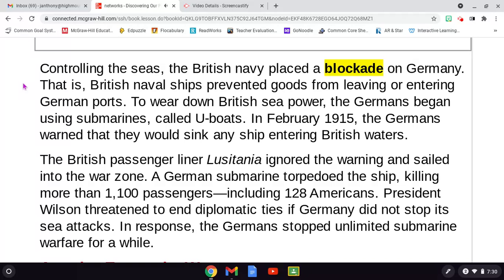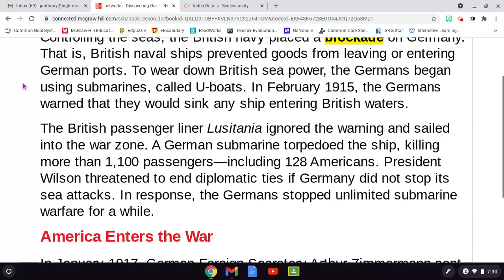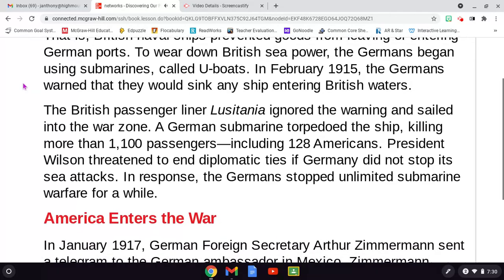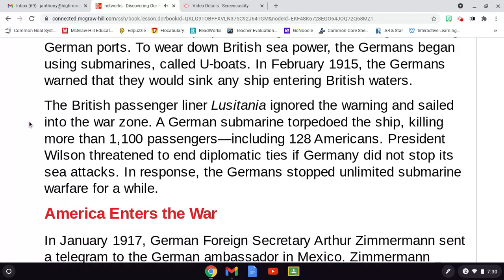A German submarine torpedoed the ship, killing more than 1,100 passengers, including 128 Americans. President Wilson threatened to end diplomatic ties if Germany did not stop its sea attacks. In response, the Germans stopped unlimited submarine warfare for a while.